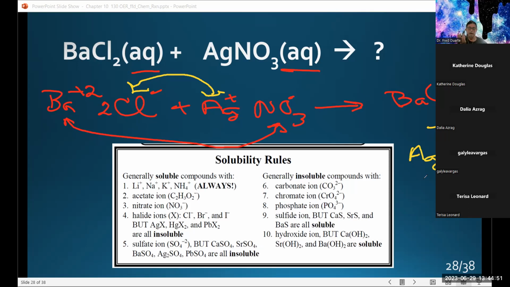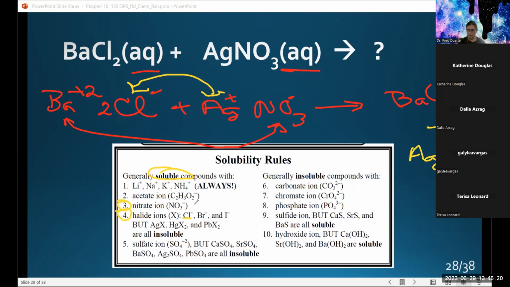All right. Next step, check the solubility. Well, barium nitrate, we learned from the earlier example that nitrates, number 3, are always soluble, okay? And so barium nitrate will have an aq there. It's soluble. The silver chloride, again, we go check the halides, number 4, and we can see here's the chloride.